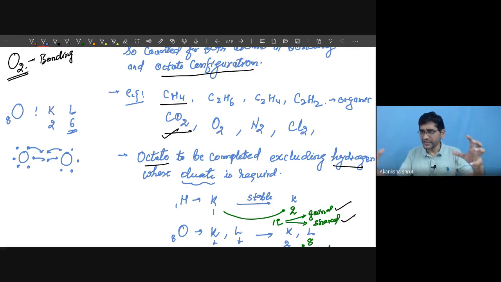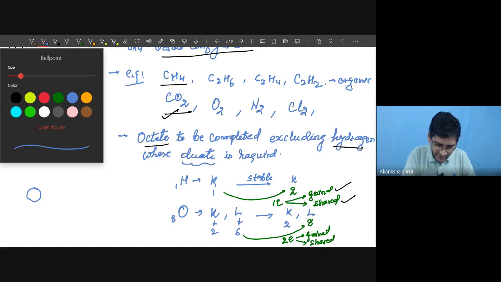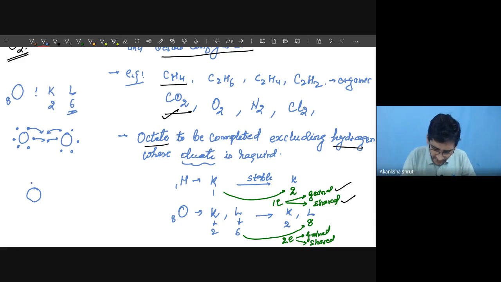So these two oxygen atoms will come closer, and what is going to happen? Let me draw that figure. Consider this oxygen. For this oxygen, I am drawing the electrons with blue dots. Consider the other oxygen.